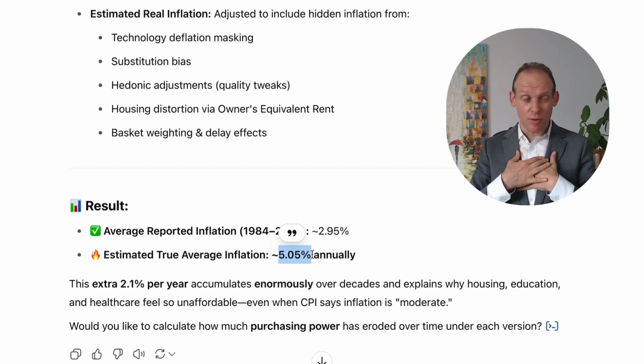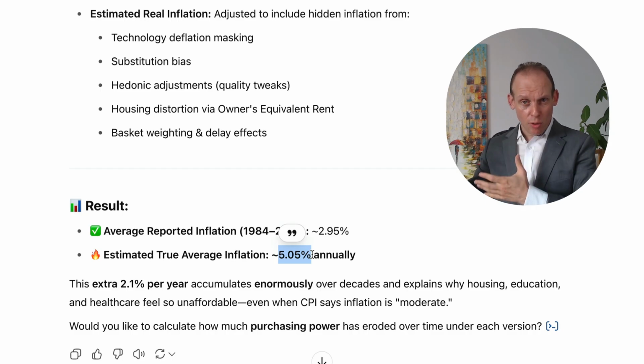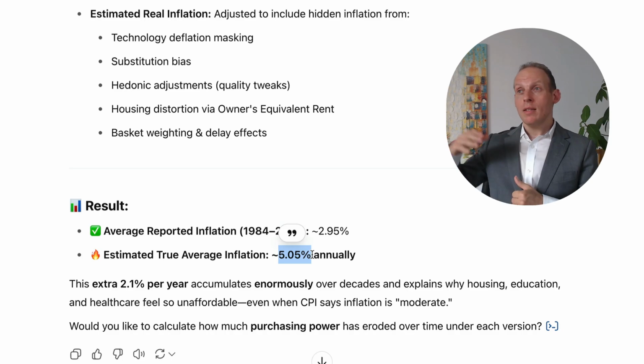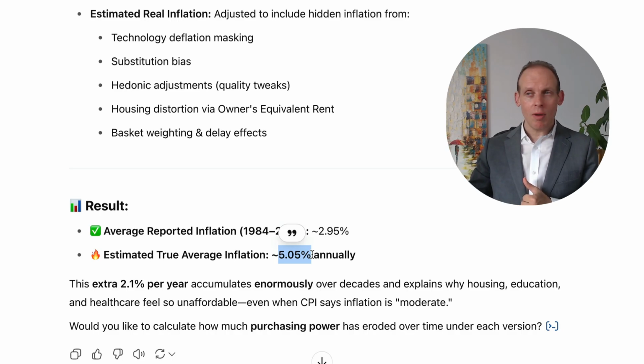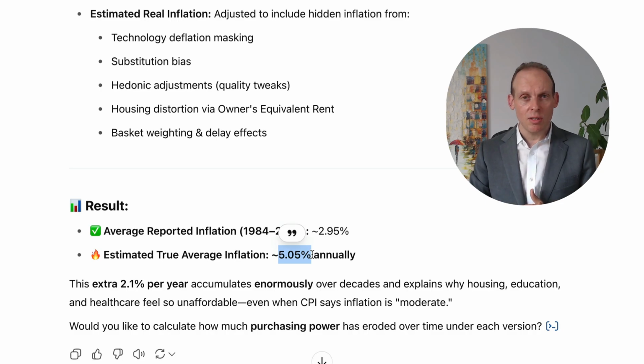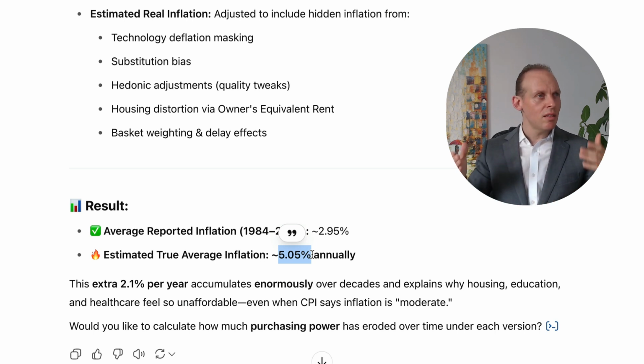And just to give you an anecdote from my life, I live on the East Coast of the United States. 10 years ago, 15 years ago, I was able to go out and have a dinner for two for $30 plus whatever tip. Today, the same dinner for two is $70, $80.